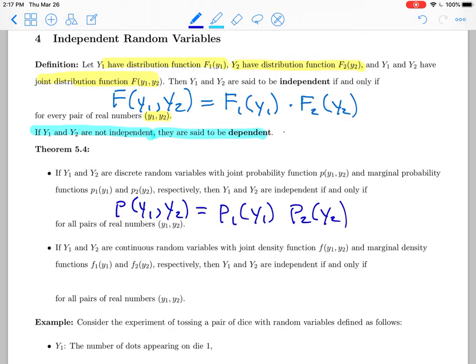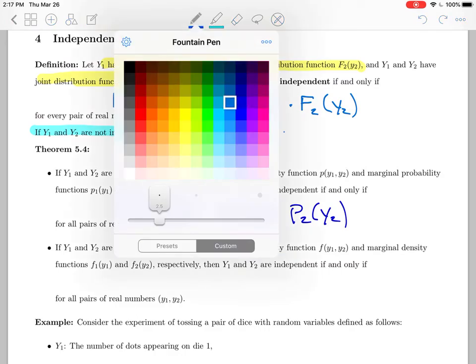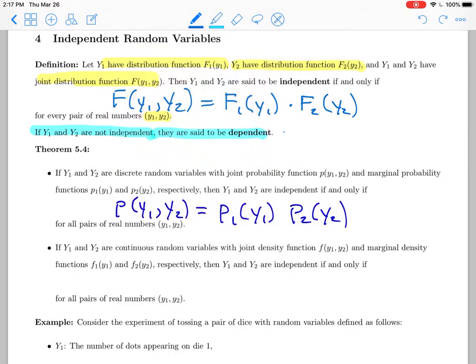And we have a similar thing for continuous random variables dealing with the joint density function and marginal density functions, respectively. So for those, we have independence if and only if the joint density function between the two random variables is the product of the two marginal density functions.